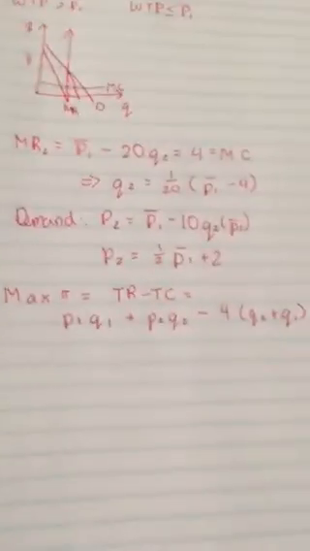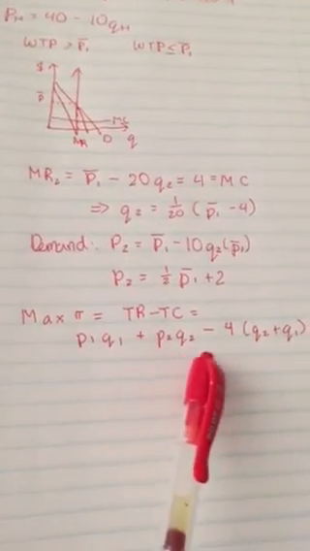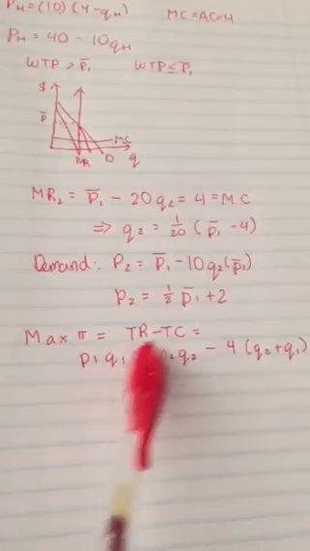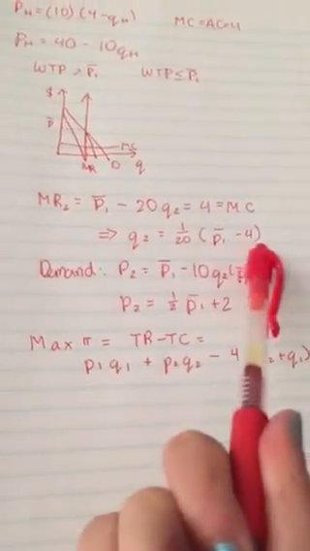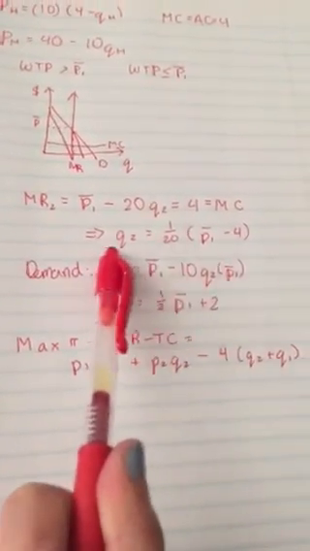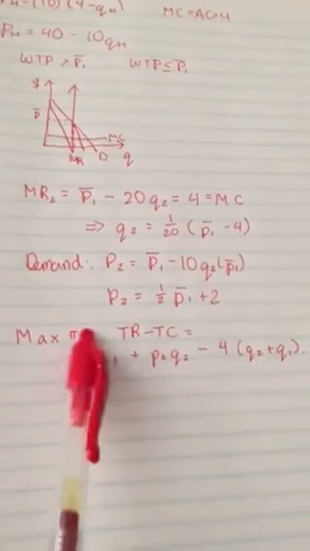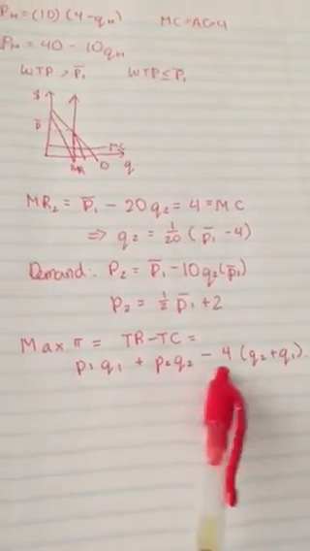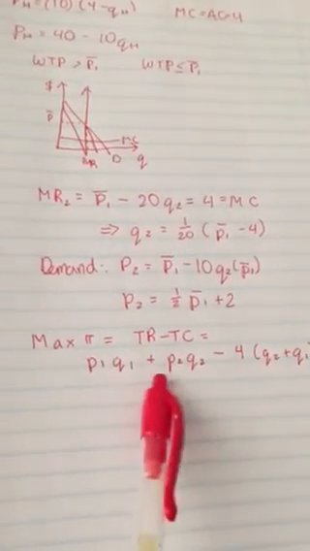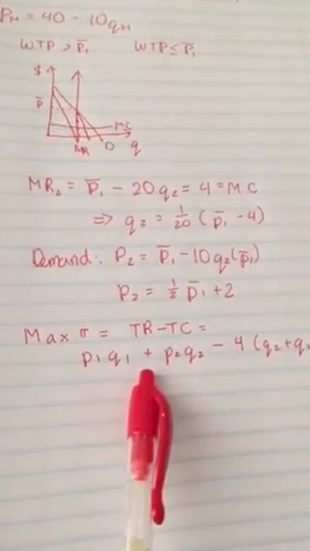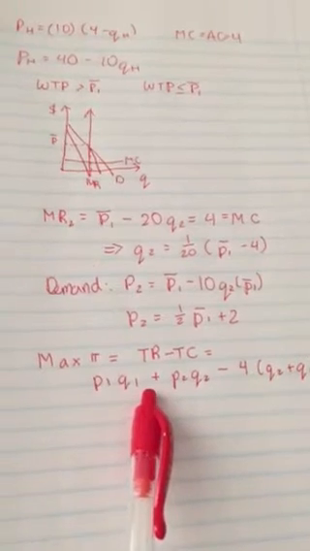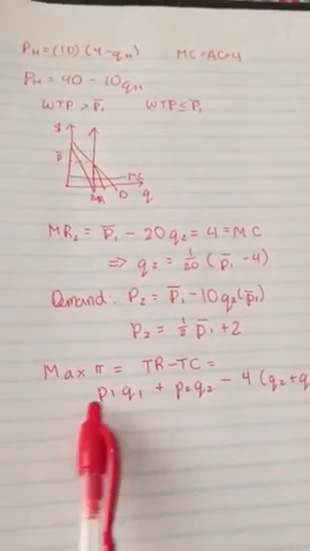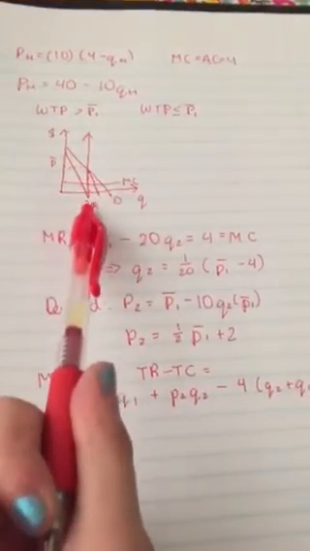Right? Now we know that P2 and Q2 can be in terms of P1 because of this and because of this. Q2 is expressed in terms of P1 here. P2 is expressed in terms of P1 here. So we can easily plug and chug into that. And then after that, we also know that Q1 can be expressed in terms of P1 from what we have originally.